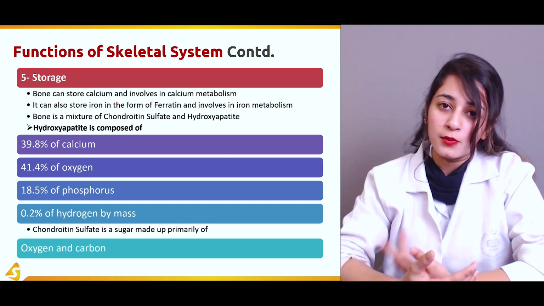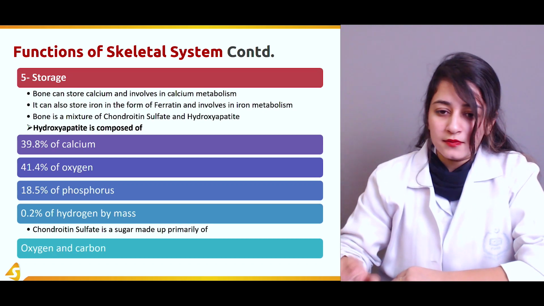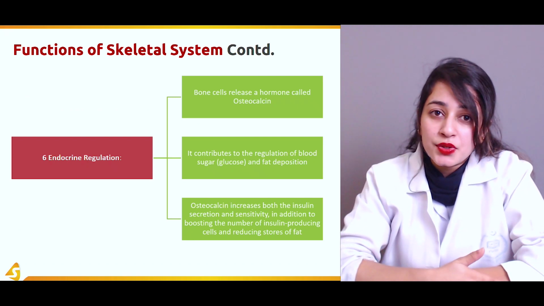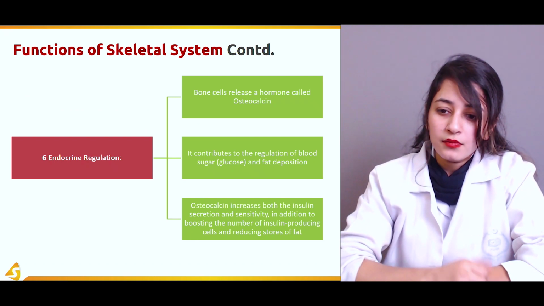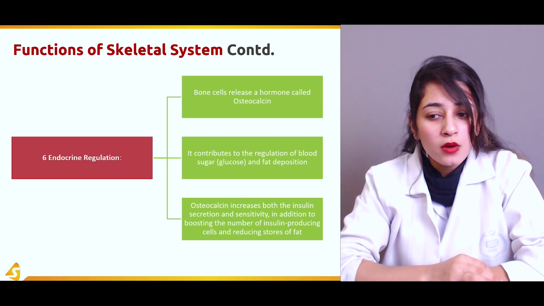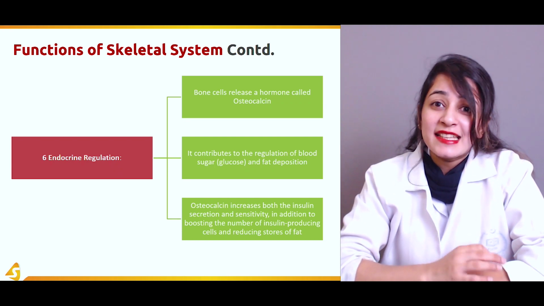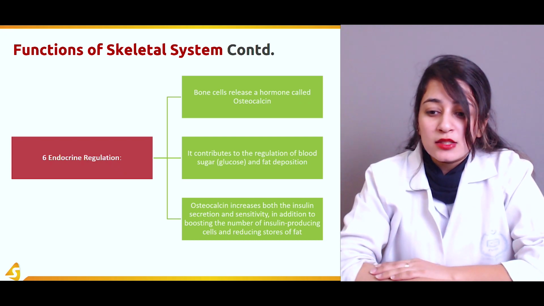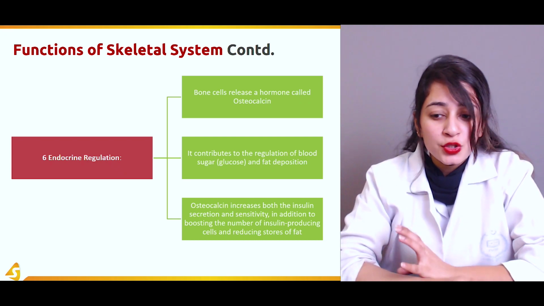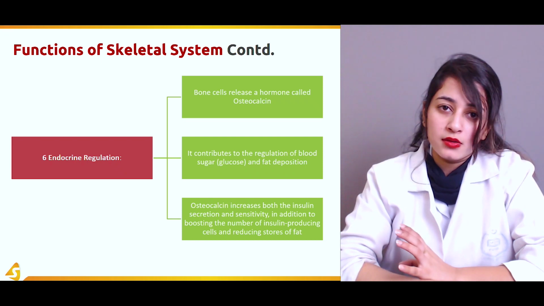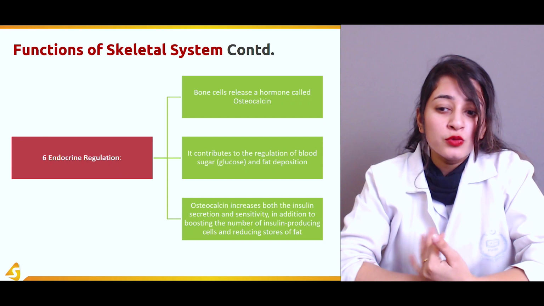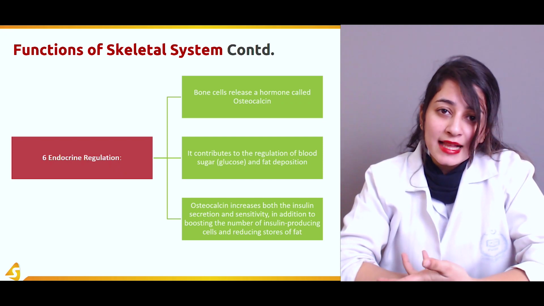But do our bones have... Okay, the sixth function is endocrine regulation. So bone cells release a hormone called osteocalcin. So there is a hormone that is also secreted by your bones. It contributes to the regulation of blood sugar and fat deposition. Blood sugar level is maintained by a hormone which is known as osteocalcin.